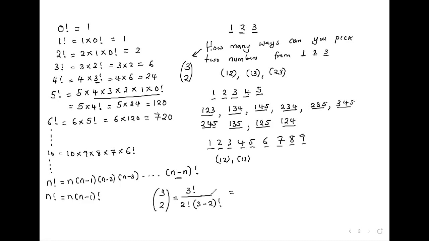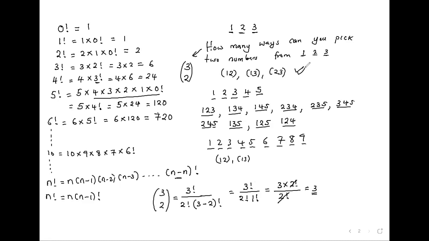Let's see if we get 3. So we have 3 factorial over 2 factorial, and then 3 minus 2 is 1 factorial, but 1 factorial is just 1. Now 3 factorial can be written as 3 times 2 factorial. We end at 2 because 2 is also down here. So this 2 and this one will cancel, then we remain with 3. We got 3 for sure.